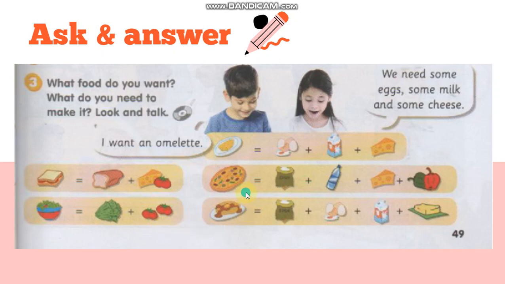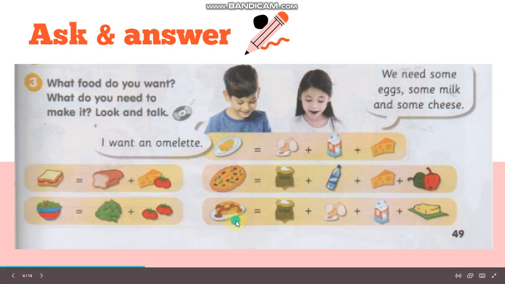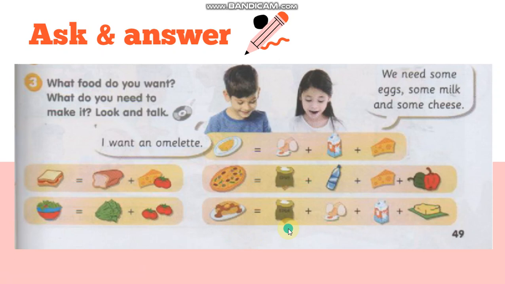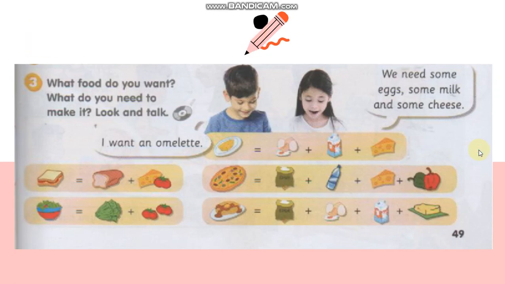Next is pizza. I want a pizza. We need some flour, some water, some cheese, and some peppers. And last one is a pancake. I want a pancake. We need some flour, some eggs, some milk, and some butter. So we will do this activity in the lesson. Now let's continue.